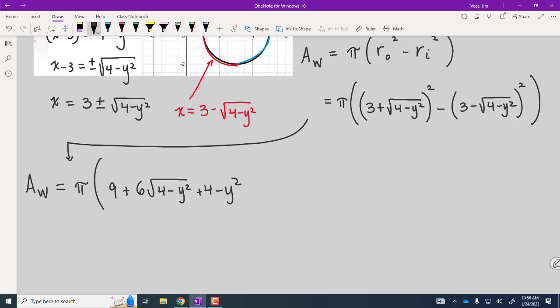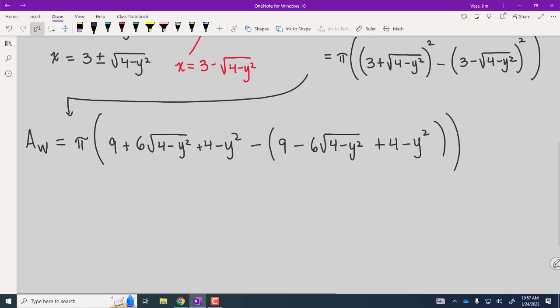Now we square the second thing, and we have a leading minus. Maybe we'll leave the leading minus and do it in two steps. So we're just foiling. Once again, we do 9 and then minus a times b times 2, so that's going to be 6 square root. And then we square the minus and square the root, so we get plus 4 minus y squared. So there's our college algebra.